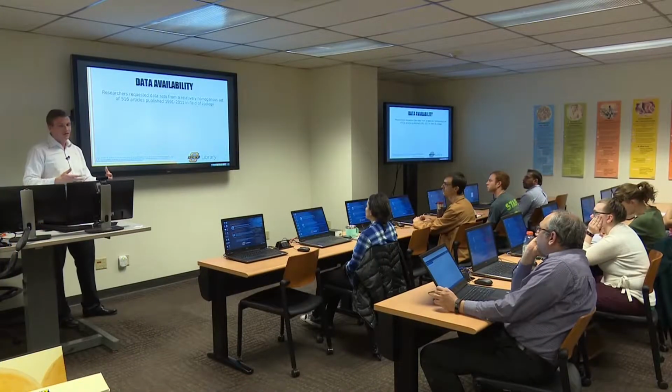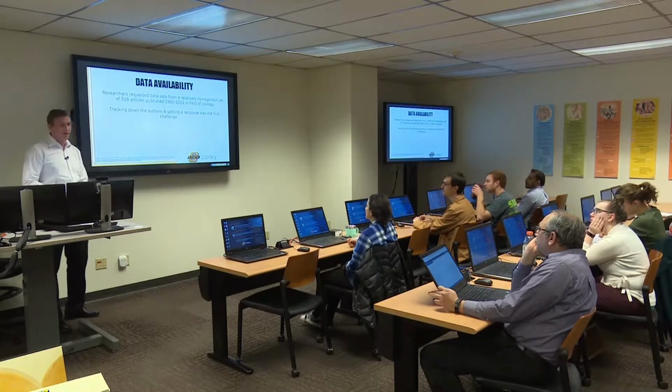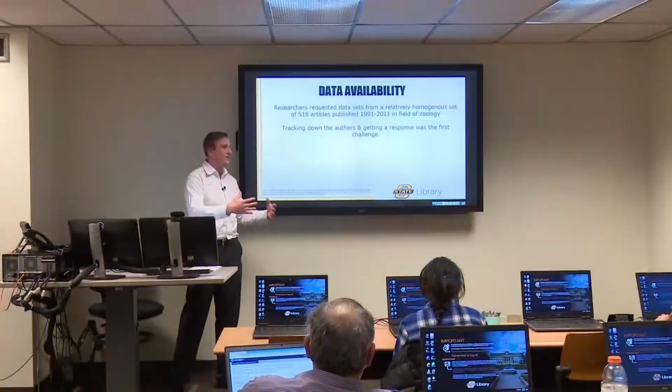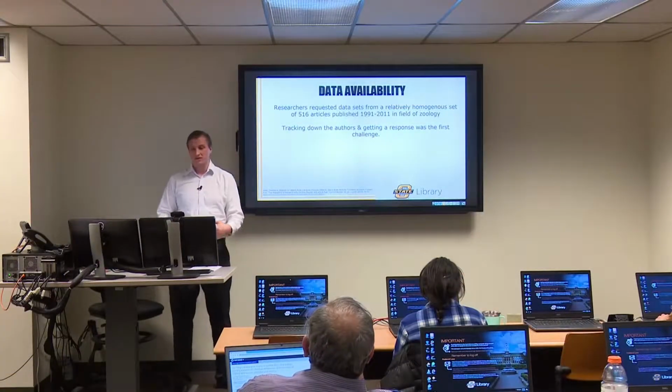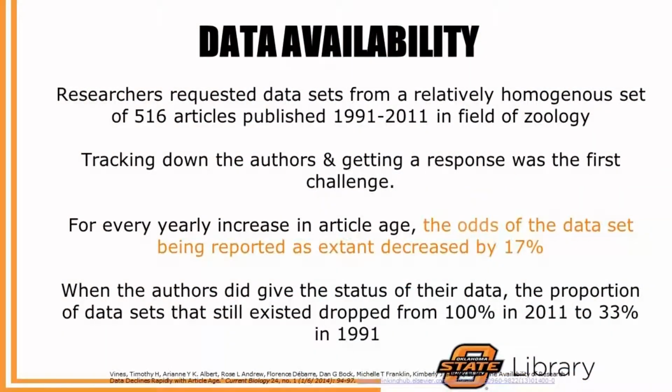So still here too with data availability. One study on zoology found that out of a set of 516 articles going back 2 decades, they contacted the authors to see if they could get their hands on the data. So first of all, tracking down the authors was a challenge. They weren't able to find or contact most of them. And they found that for every yearly increase in article age, the odds of the data set being reported as extant decreased by 17%.